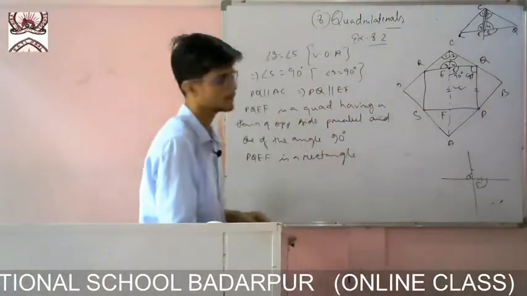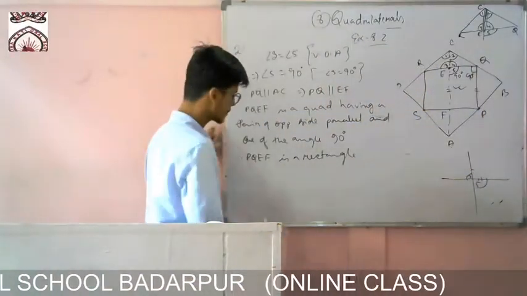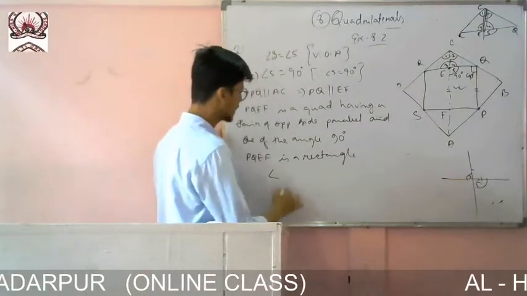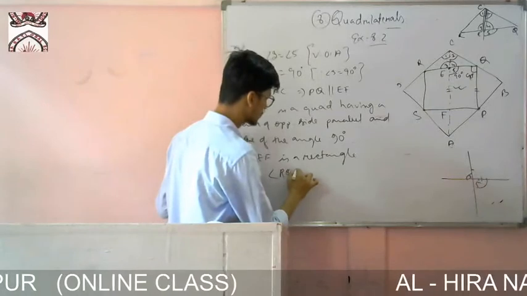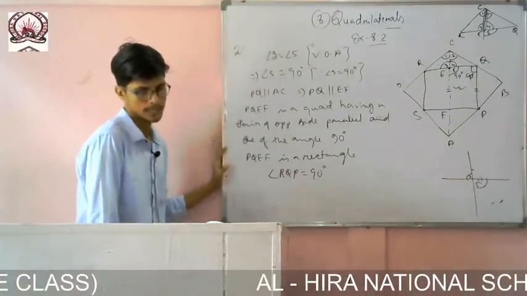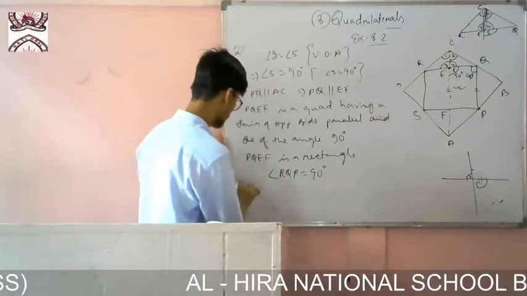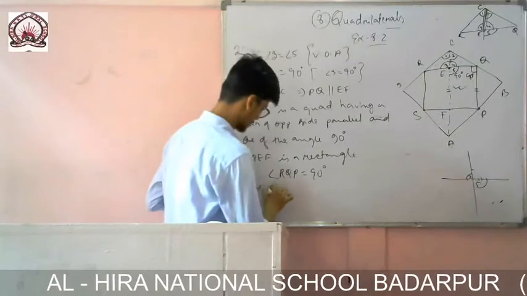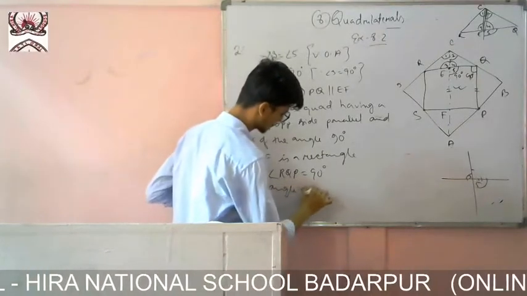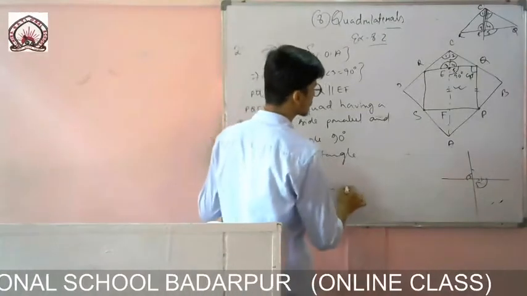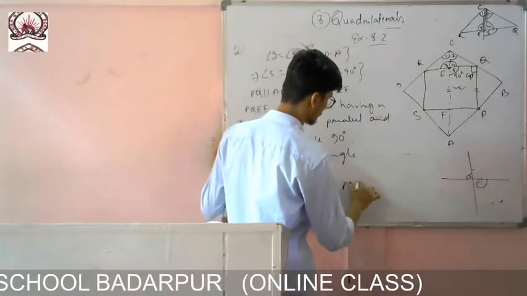Angle Q will be equal to 90 degrees. So in place of writing EQP, I am writing RQP. RQP is equal to 90 degrees. And if I write RQP, that means one angle of the parallelogram PQRS.